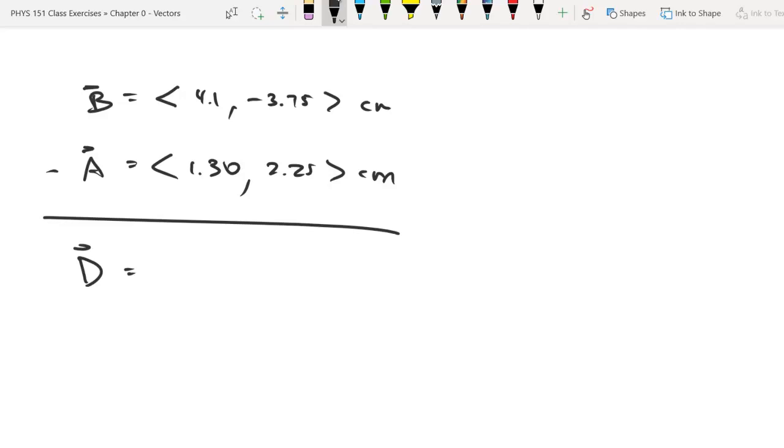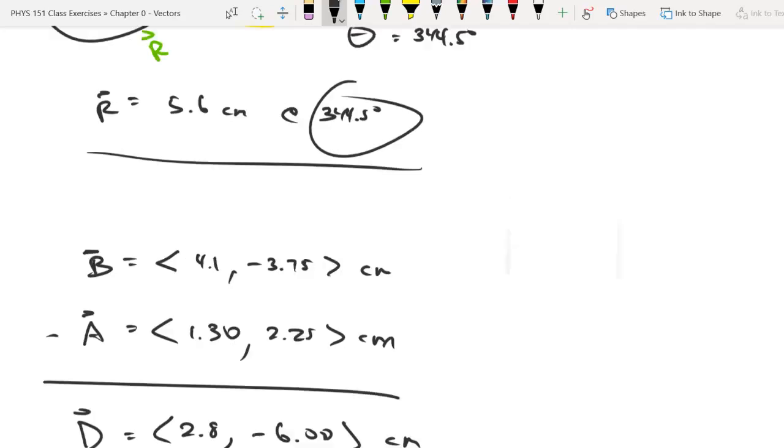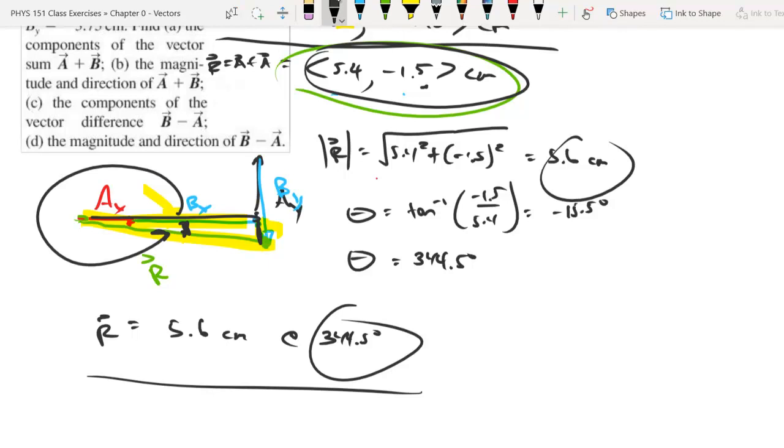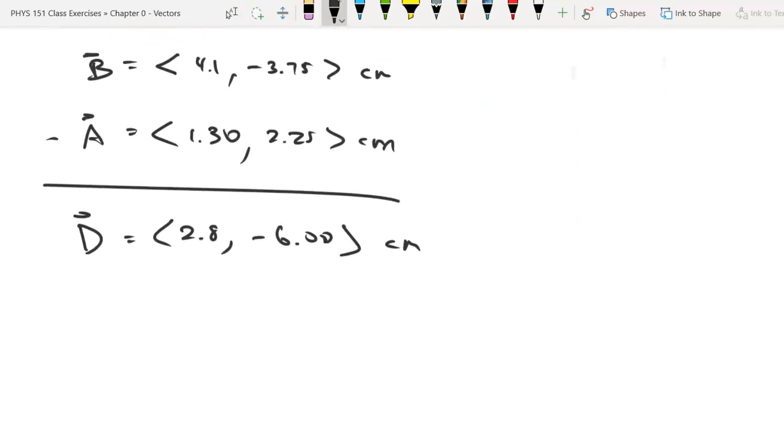So 4.1 minus 1.3, what is that? 2.8. And then negative 3.75 minus 2.5 gives us negative 6.00 centimeters. So there's part C, I believe it was, the components of the vector difference done just like that, with some subtraction.